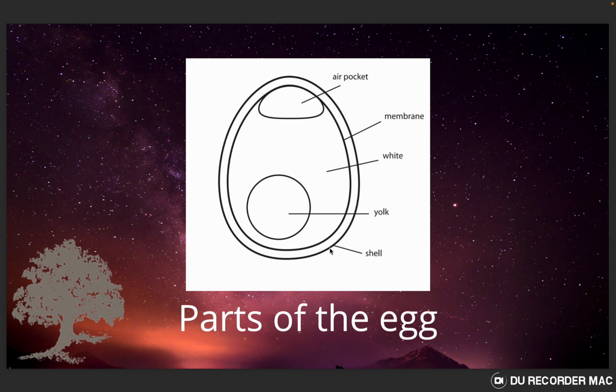This is the shell, membrane, the white, the yolk, and the air pocket. When we took off the shell, you now saw the membrane. And what happened to the egg? It dried up.